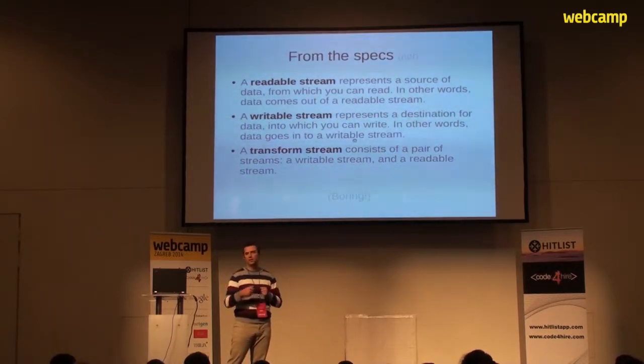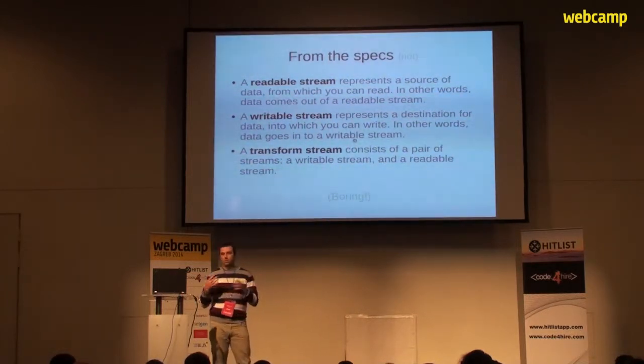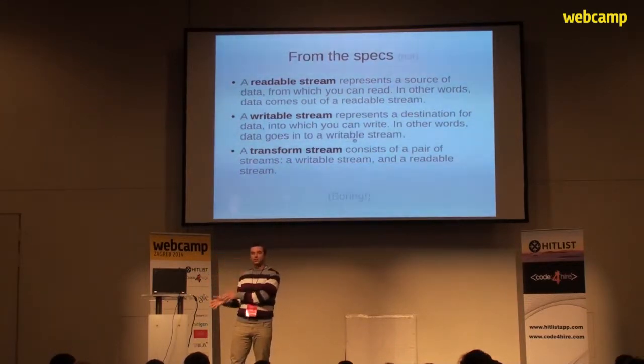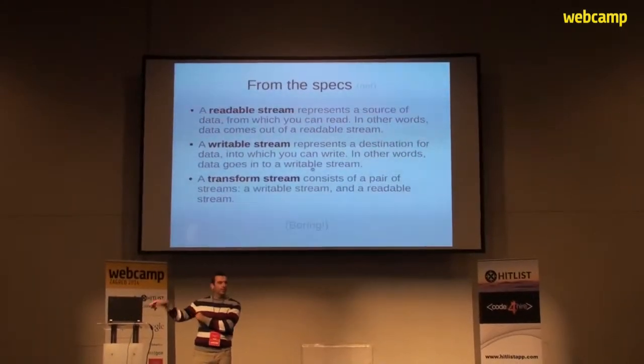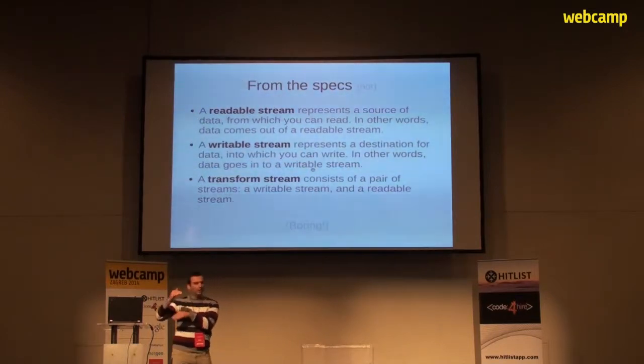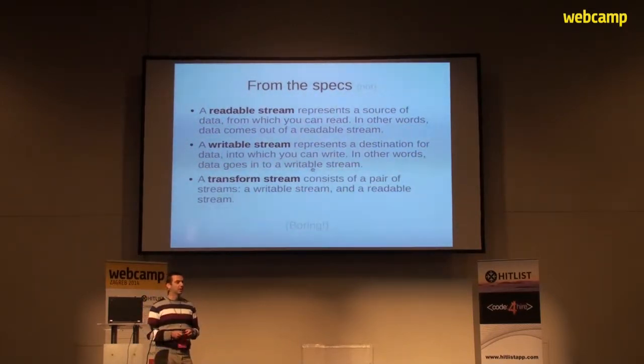I'll say, okay, give me the camera and maybe the audio, or whatever. And then on the other side, you can say, I want a writable stream, which is that canvas tag. And here are my options, here's my configuration.